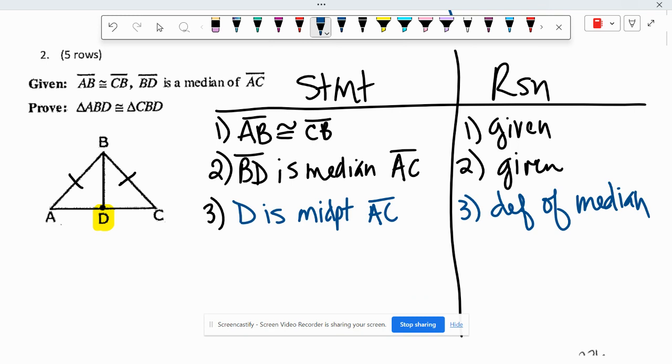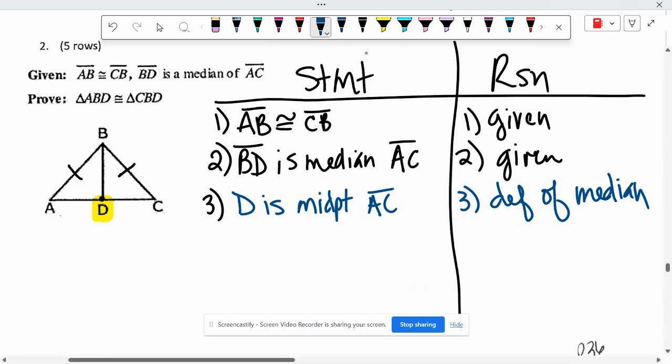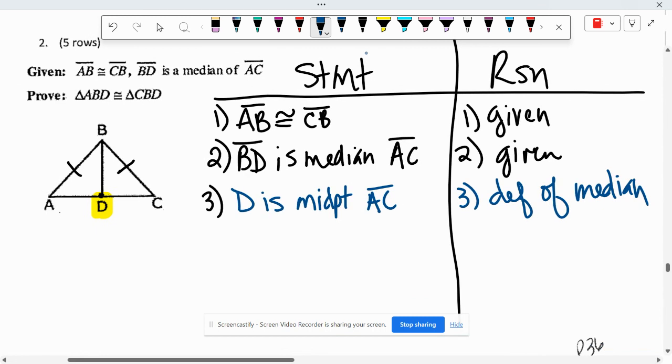When did we learn that? Well, we talked about midpoints and a median, page 7 and page 8. And then we created midsegments, right? Well, D is the midpoint of AC. So what does that create? What does D do to segment AC? Cuts it into two halves. How do I say that I have two equal pieces?